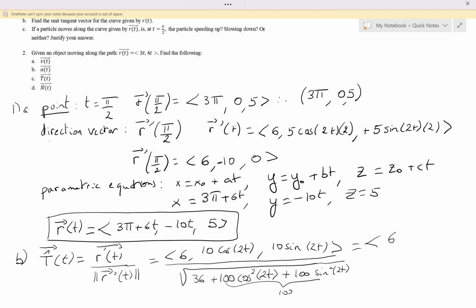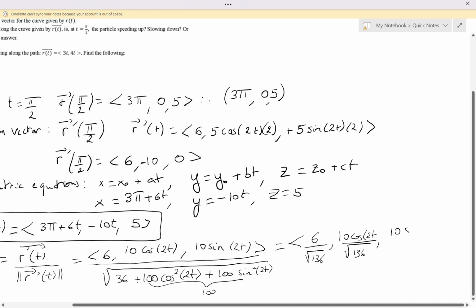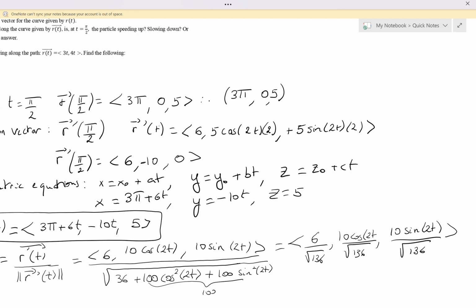So it's going to be 6 over square root of 136, 10 cosine 2t over the square root of 136, and then 10 times sine 2t over the square root of 136. Which you can simplify a little bit, but that's really what the unit tangent vector at any time is going to be equal to.